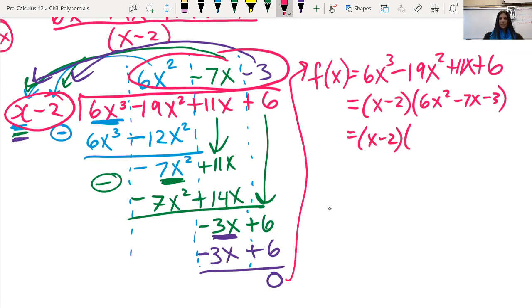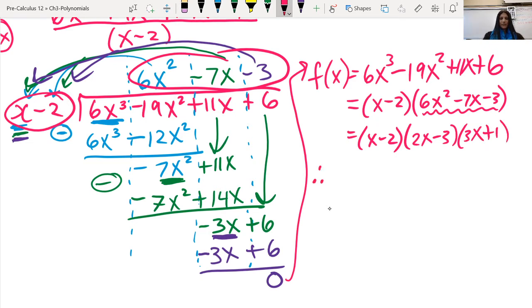And I want to take a look at this, and well, I noticed that it's a trinomial, an AC trinomial. So I don't know if you remember this from way back, but we learned how to do factoring trinomials. And so when I factor that out, I actually get 2x minus 3 and 3x plus 1.